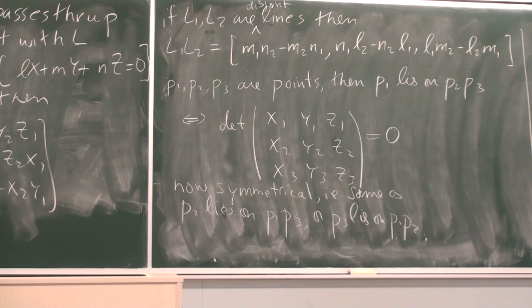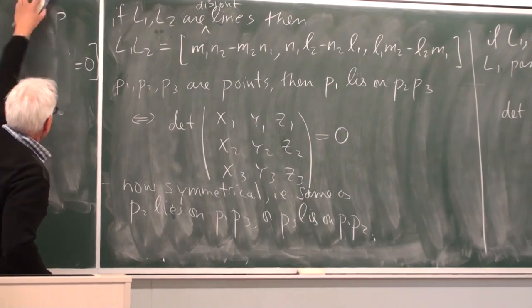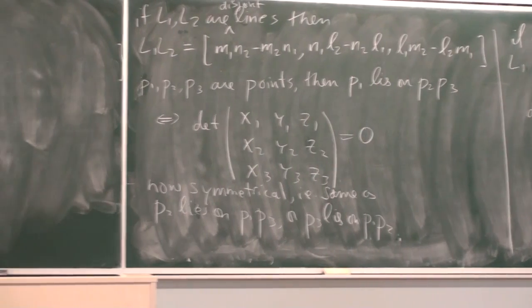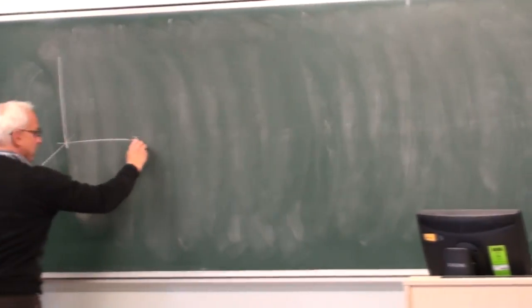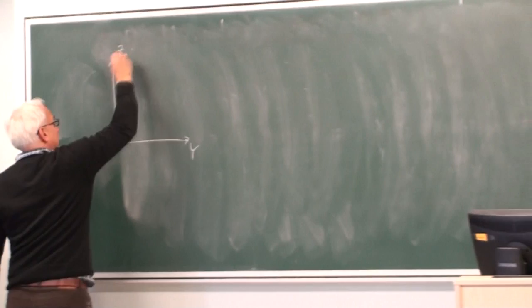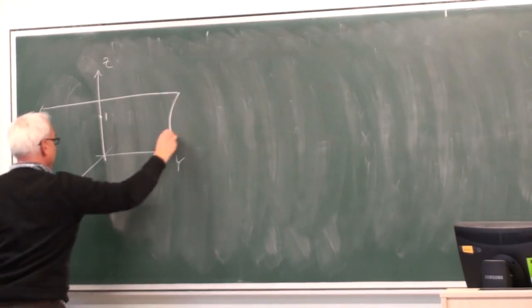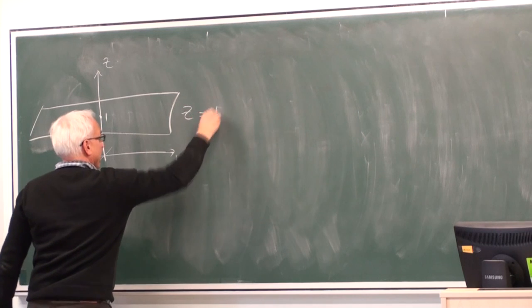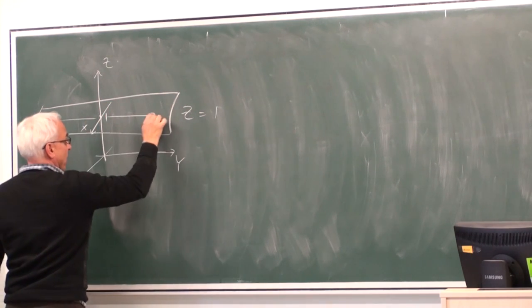So let me remind you of the picture that we have in mind for all of this. We actually motivated all of this by the original picture where we had our familiar x, y, z space. And we had the plane z equals 1 with local coordinates little x and little y.